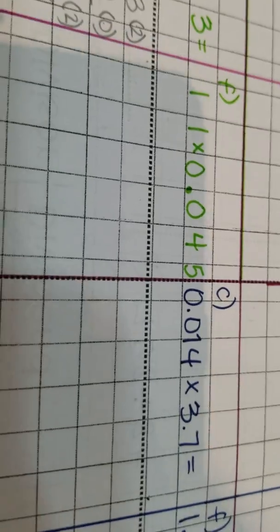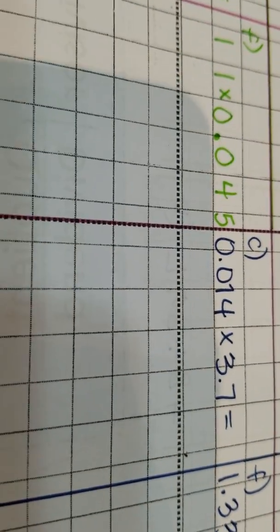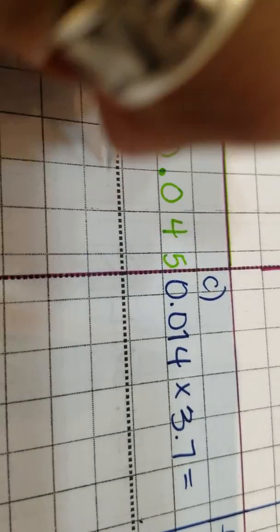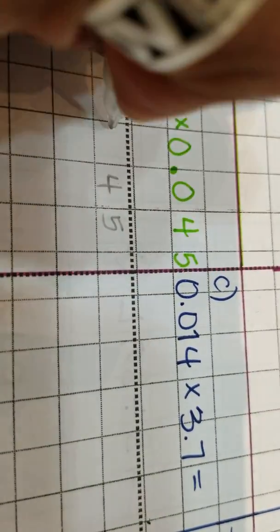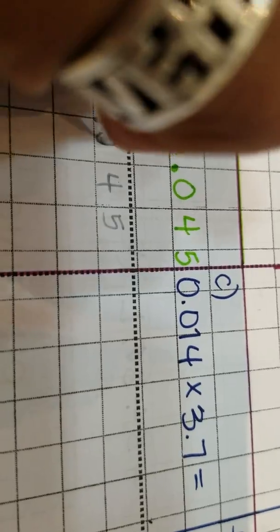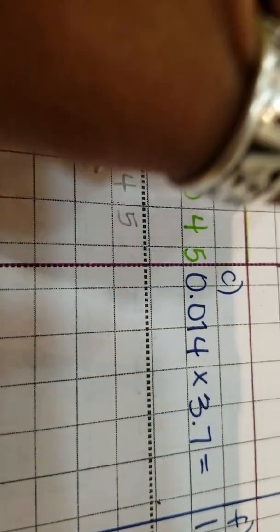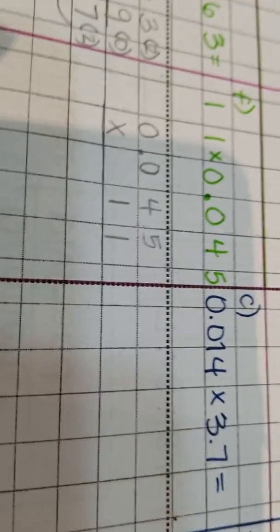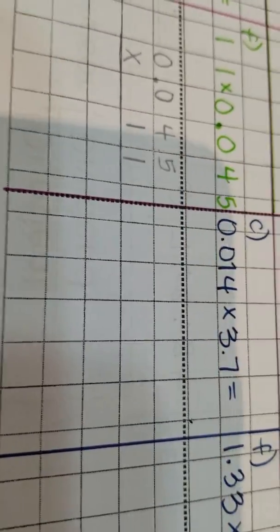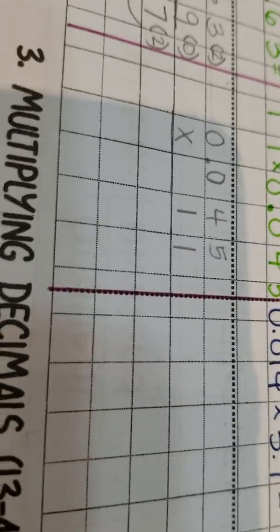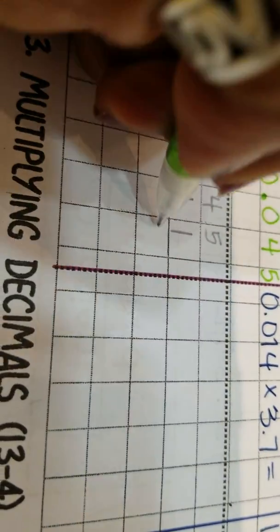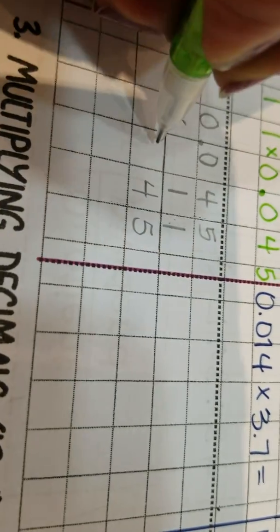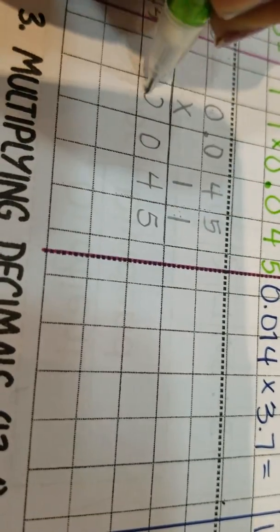Okay. Now F. So 0.045 times 11, we're going to put our 0.045 at the top times 11. Now, when you're multiplying by a 2-digit number, you have to take it 1 digit at a time, and you start on the right. So 1 times 5 is 5, 1 times 4 is 4, 1 times 0 is 0, 1 times 0 is 0.